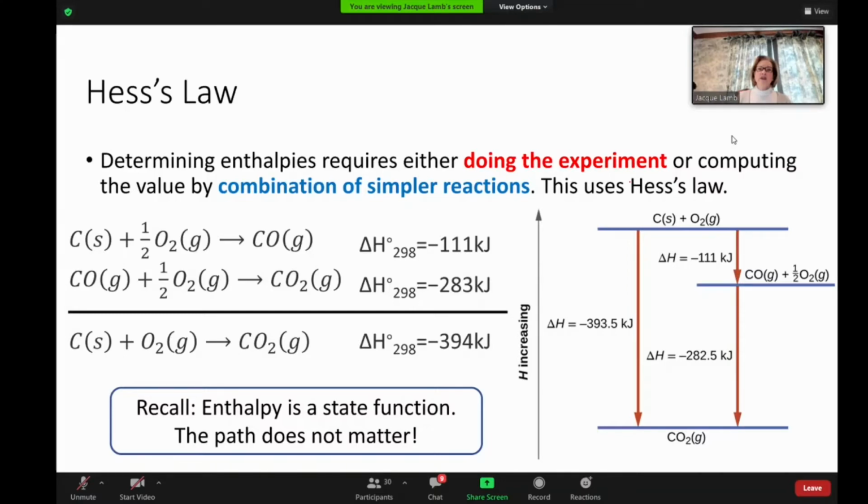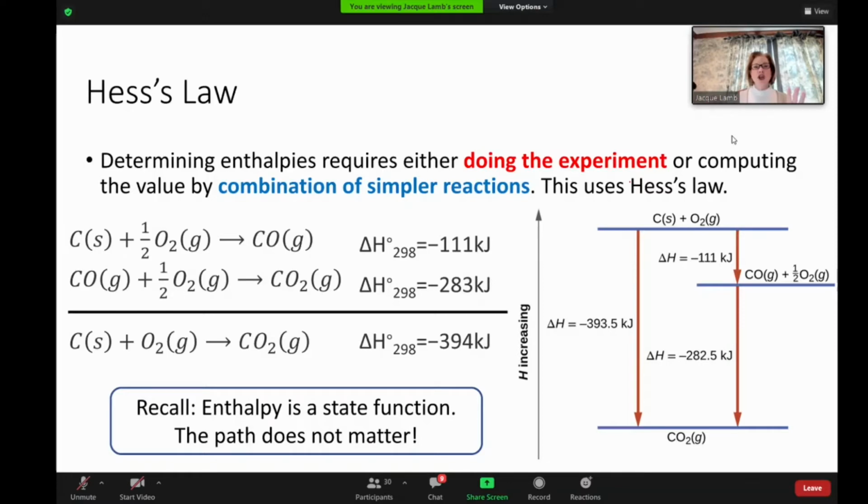Hess's law states that the enthalpy change going from a particular set of reactants to a particular set of products is the same, regardless of whether that reaction occurs in one step or multiple steps. That's because enthalpy is a state function. The enthalpy change is the same regardless of the pathway used to get there.